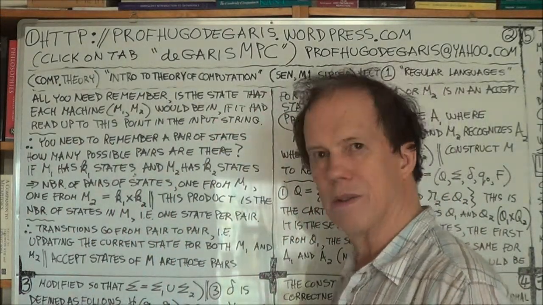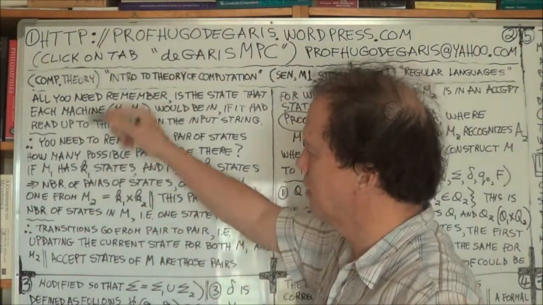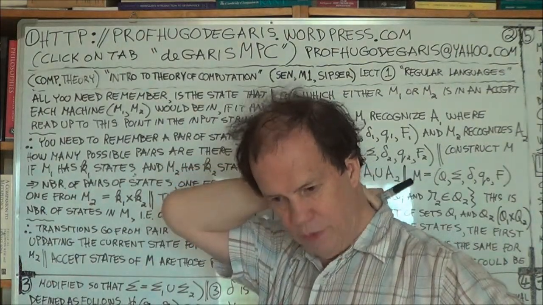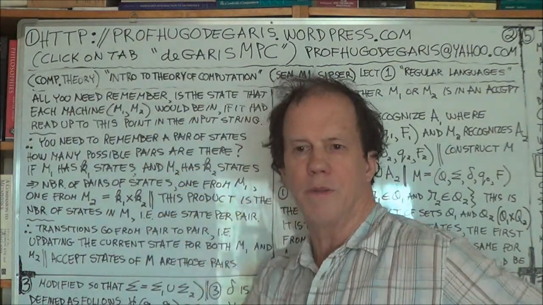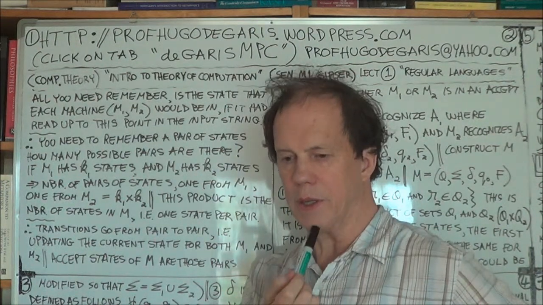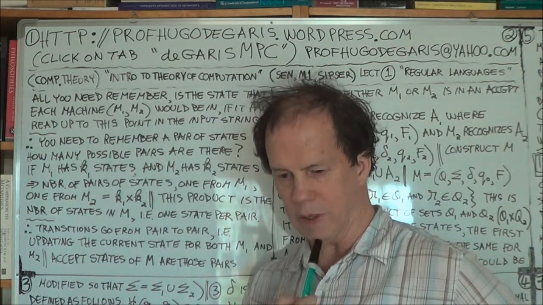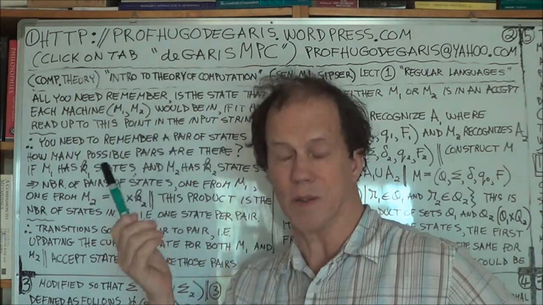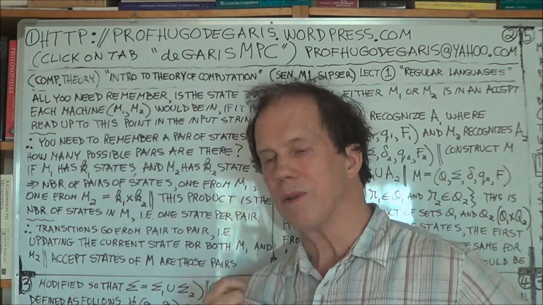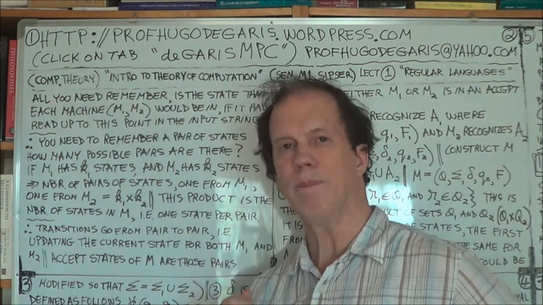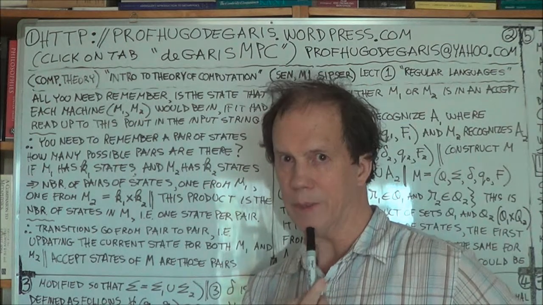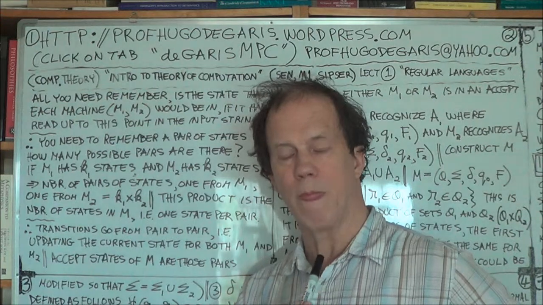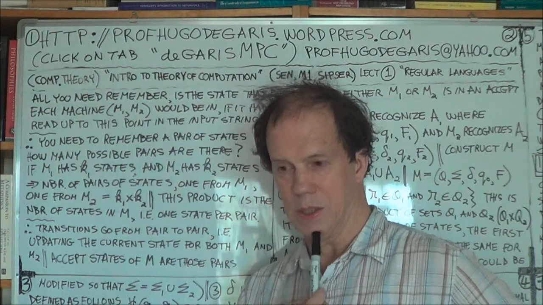Alright, so there's 2 remarks out of the way. So just continuing on, we're doing a proof, remember? We're trying to show that if you have 2 regular languages, A1 and A2, regular means that each of those languages has a finite automaton that recognizes that language. So you'll have an automaton M1 that recognizes language A1, and an automaton M2 that recognizes language A2.